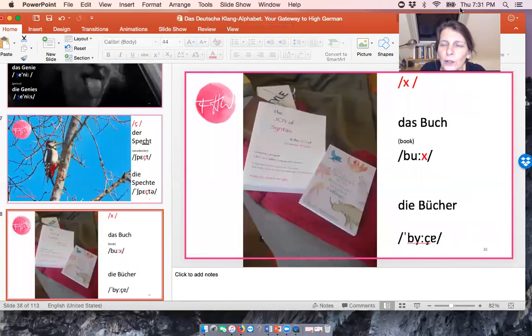Now for Buch, the velum, the soft part of the palate. Buch. You put a lot of tension in it. The back of the tongue gets raised.